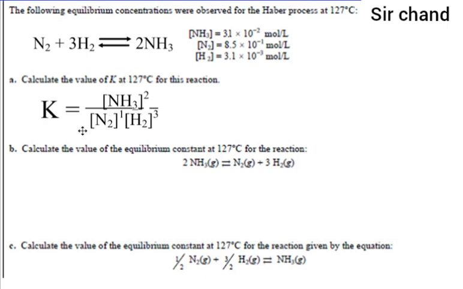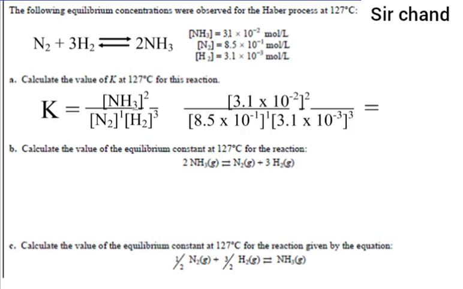Because often this would be one point in and of itself, free of everything else. If you skipped over writing K equals and all this, you would have forfeited 1 point on this problem. So now that I have this, I can plug in these values here. Do a little bit of plugging and chugging on my calculator, and I find that K equals 3.8 times 10 to the 4th.